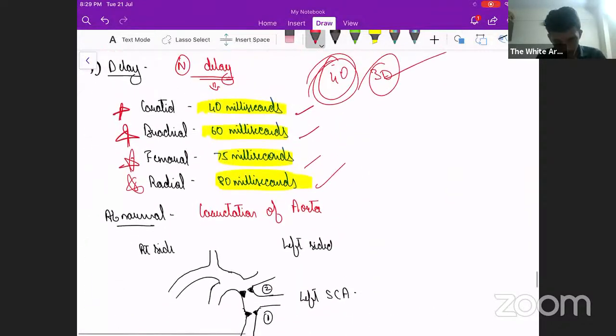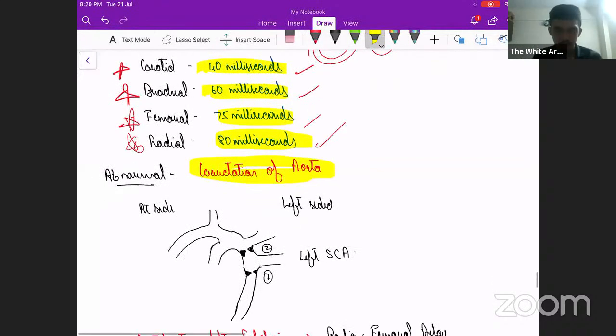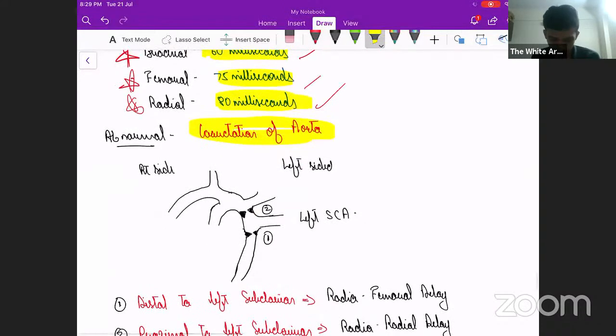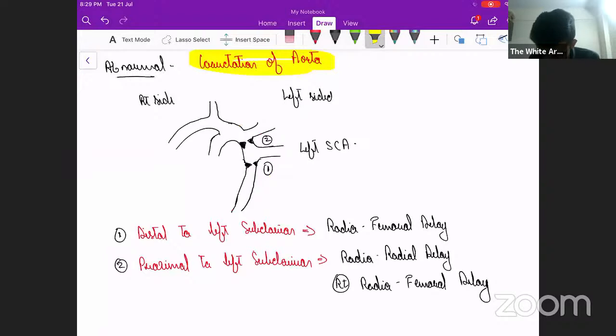So when do you expect a delay? We expect delay in case of coarctation of aorta. There are other conditions like aortic dissection and so on. We'll not read about that in detail. The basic cause is coarctation of aorta, and depending on the location, we'll get either a radiofemoral delay when the site of obstruction is distal to the left subclavian artery, this being the most common.